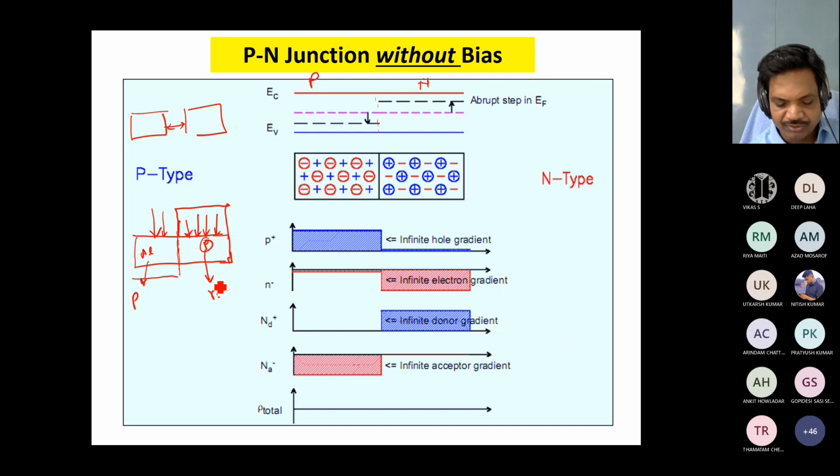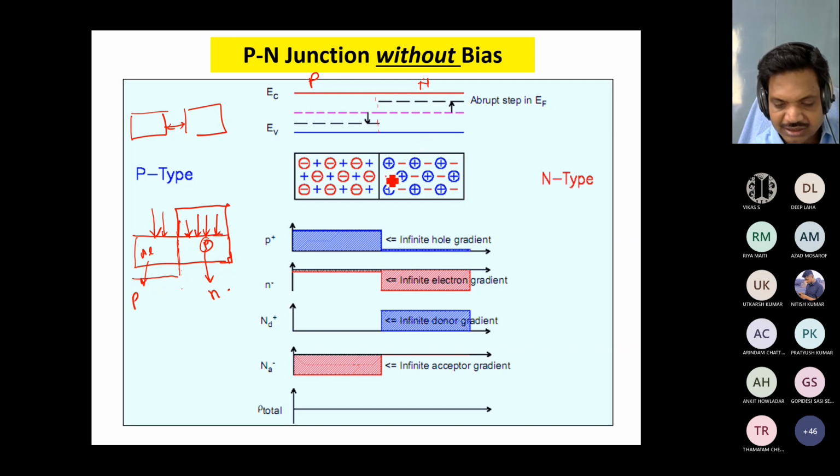These two doping concentration values are different, with different types of doping materials, and they change abruptly. That's why it is also called the abrupt step index junction. So this is how the junction is formed.